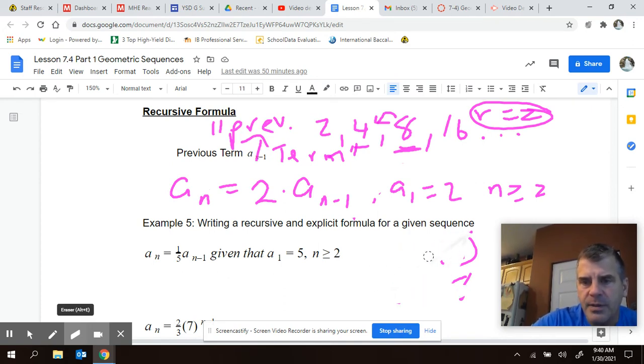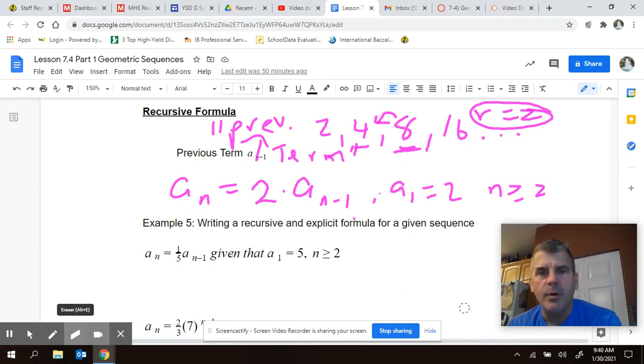given the explicit formula. Guys, I'm going to take a little side trip here with you to finish up this part of the video, and then we'll move on to an actual example that they give you in the book, example number 5. I want you to see how an explicit formula and a recursive formula generate a sequence.